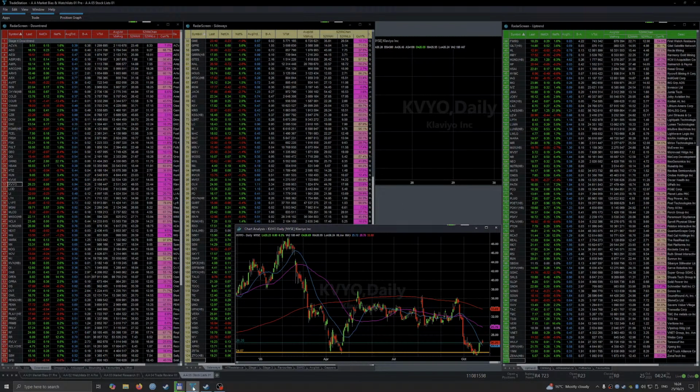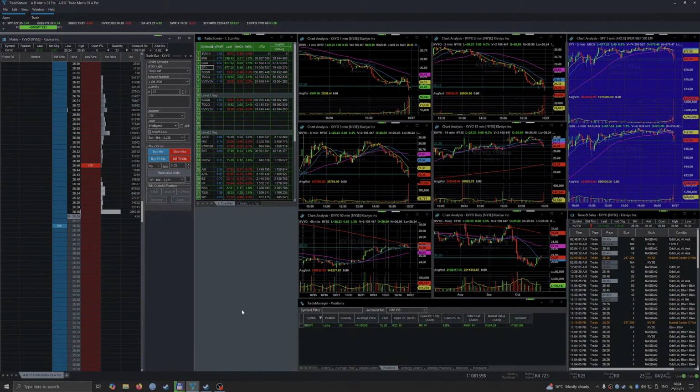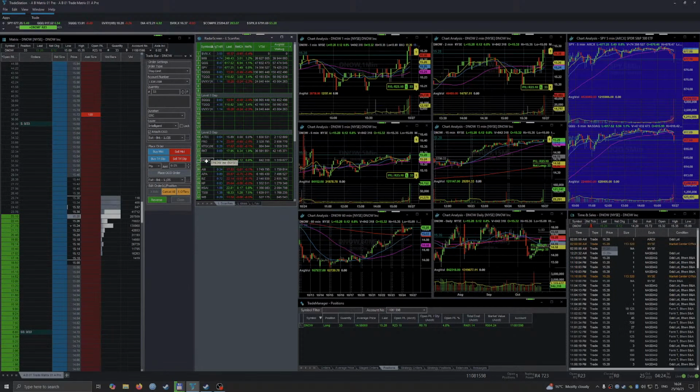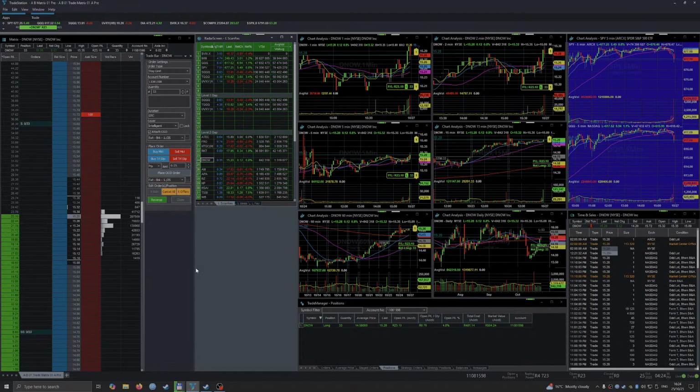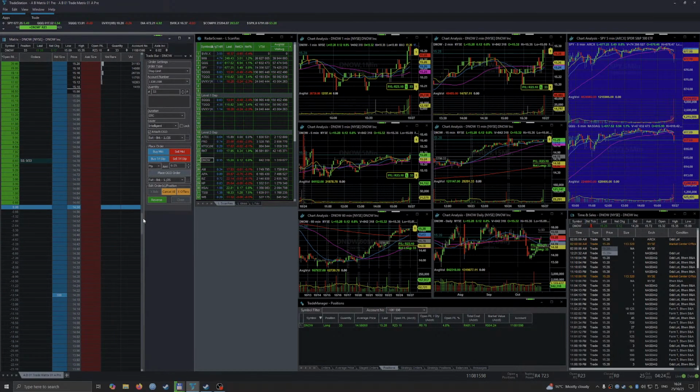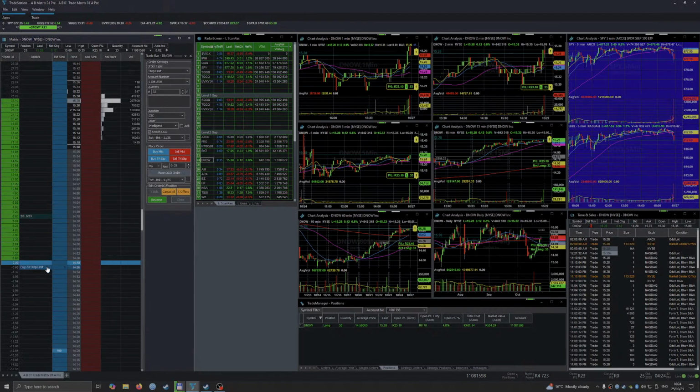Where is my matrix? I am in this trade now. $10 risk. I risked $10. I bought it at 14.58.